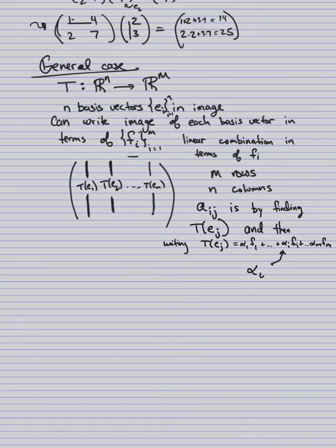So in other words, when you write the jth basis vector in terms of the image of it in terms of the other basis, it's the scalar in front of the ith basis vector in the range basis.